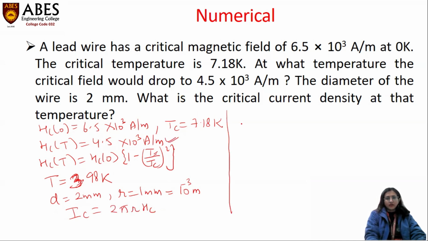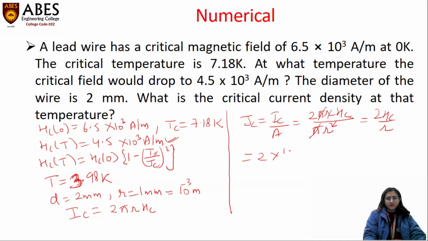And your current density is current upon area. So current is 2 pi r HC and area is pi r square. So the formula will be 2 HC by r. HC value is given, 4.5 into 10 to the power 3 divided by r, 10 to the power minus 3.